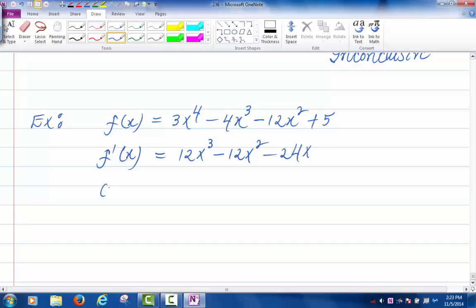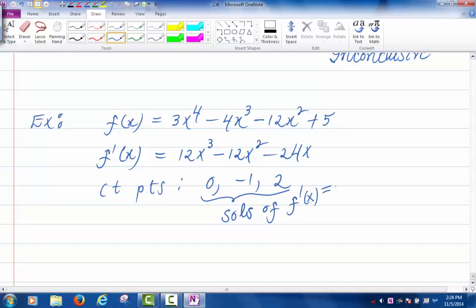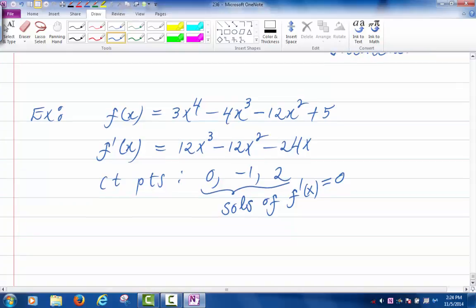And then we also found the critical points to be 0, -1, and 2. These are the points where the derivative is 0, right? These are solutions of the equation derivative equal to 0. Remember that. So these are the critical points of f.